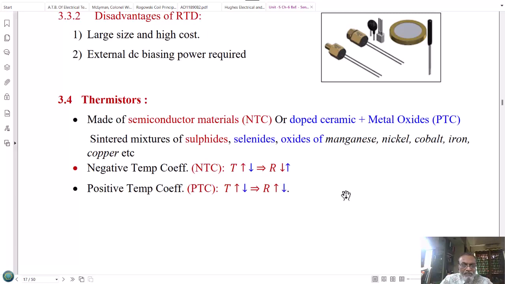The positive temperature coefficient (PTC) is when the temperature of the thermistor increases, the resistance increases, whereas when the temperature decreases, the resistance decreases. That is called positive temperature coefficient. So the change in resistance due to temperature is positive here, whereas in a negative temperature coefficient thermistor, the change in resistance due to change in temperature is negative.